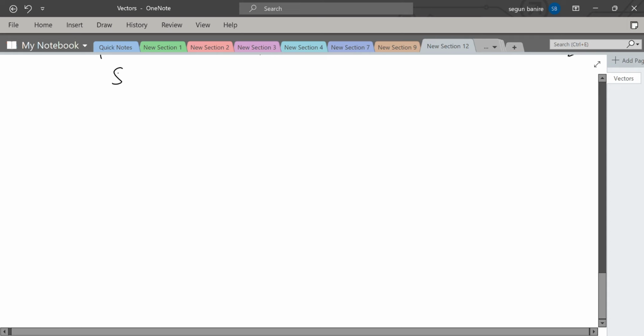Alright, so let's move on to multiplication of vectors, or let's say vector products. It is very important you know how the vector product works. We have two types.